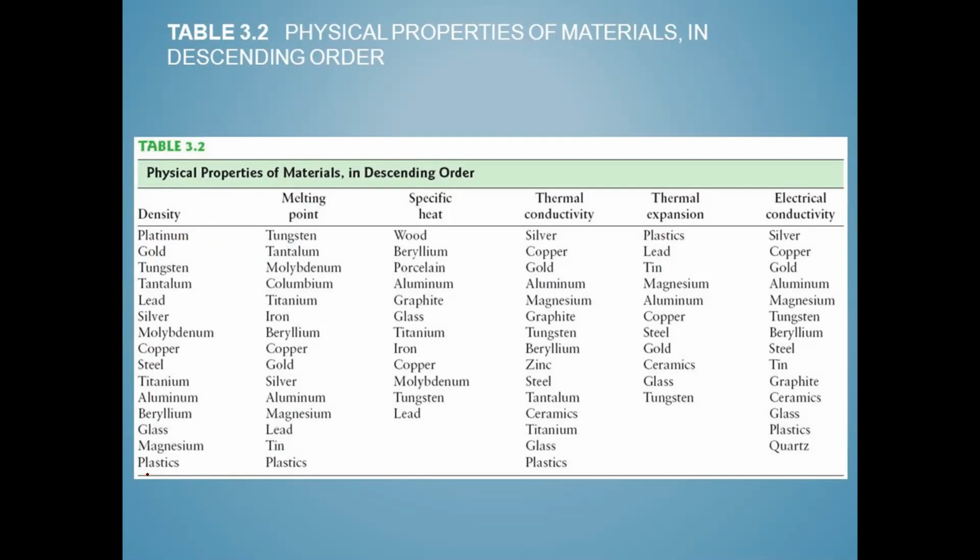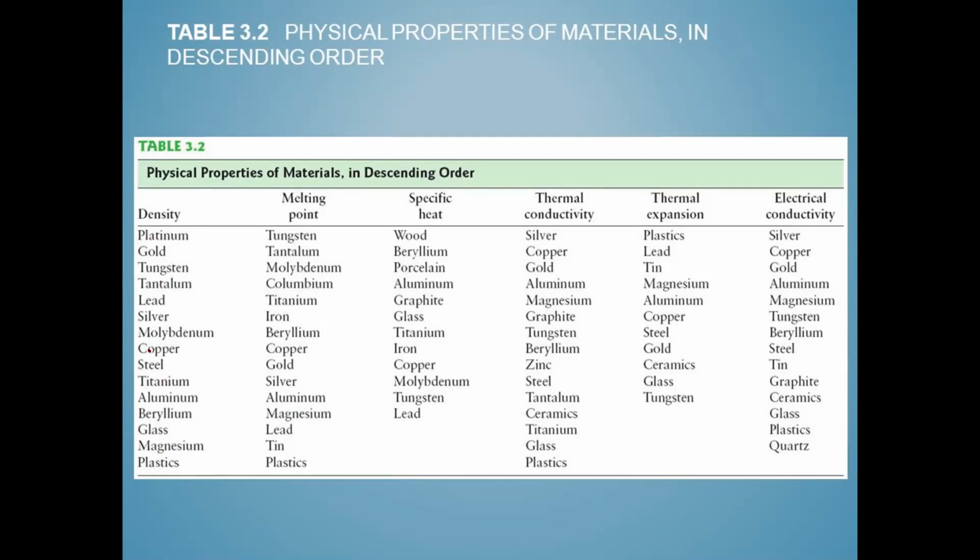Plastic has the lowest density compared to some metals here, and even compared to some ceramics. So you can see glass has a much lower density compared to tungsten or gold or lead, but also it is higher than plastic, and so on.